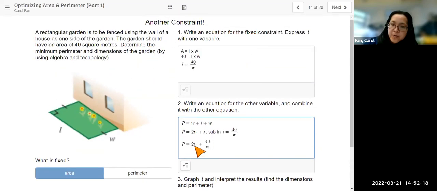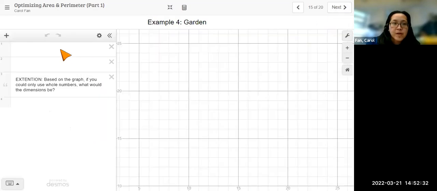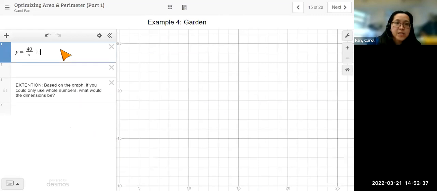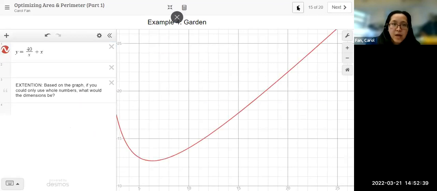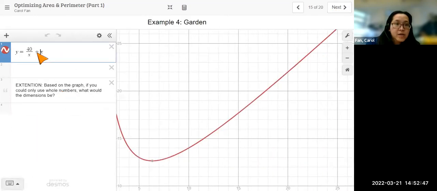Now, what I do know is that in this case, my y-axis will represent perimeter and my x will represent the width. Okay, so y is equal to 40 over x plus 2x.